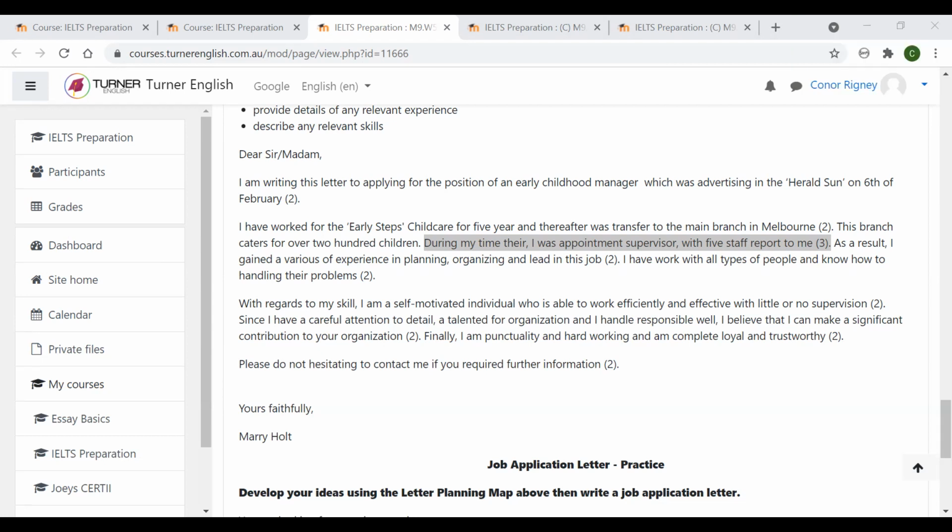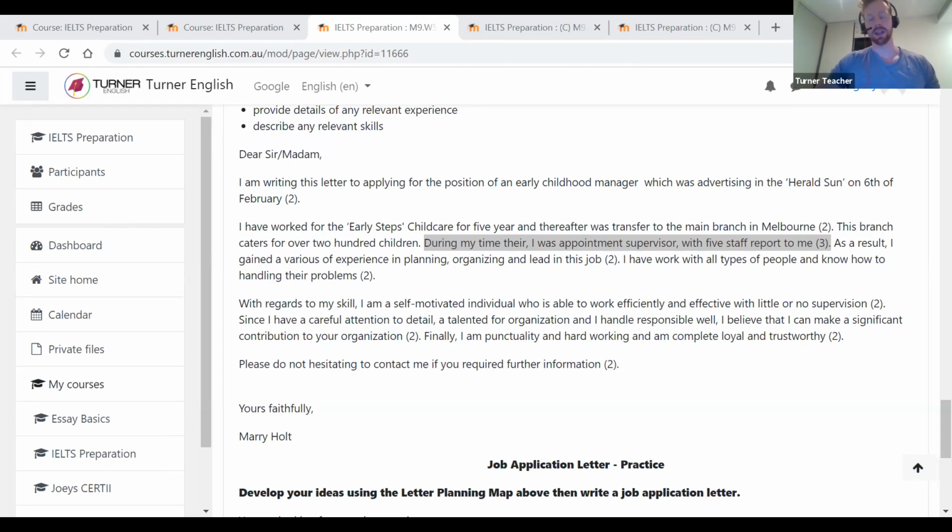What else is wrong? Appointed. EAD, no AT. I was appointment. Yes, very good. Appointment goes to appointed.